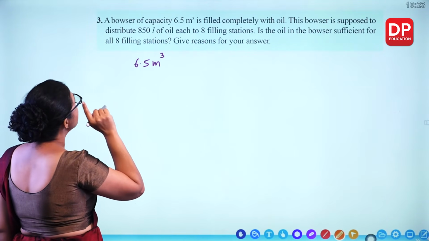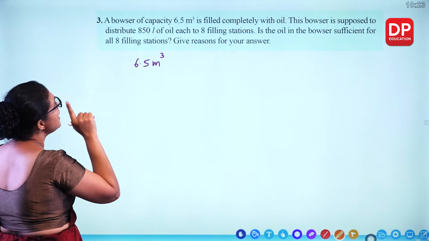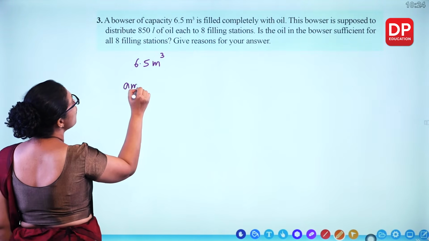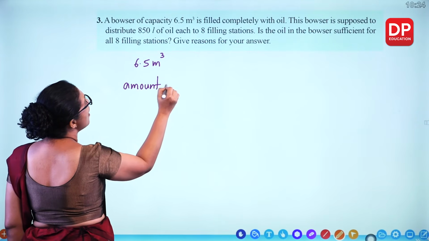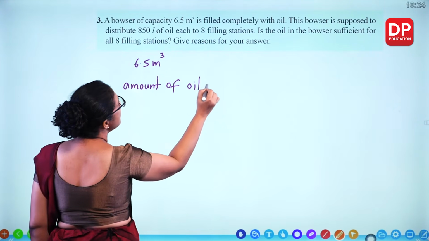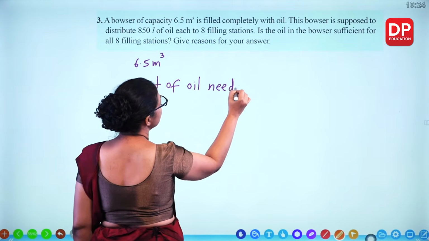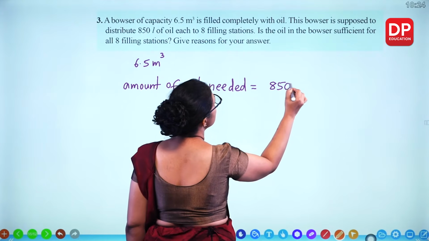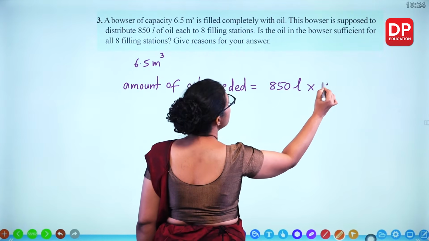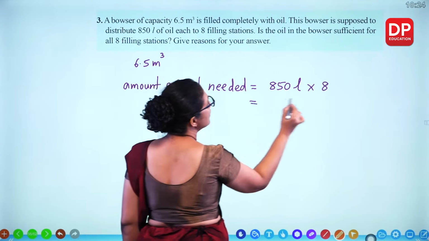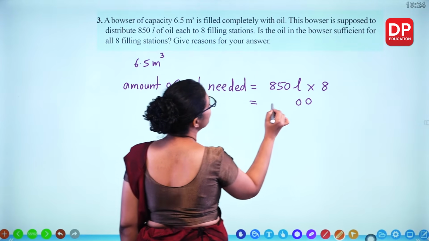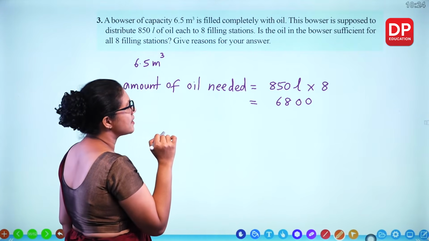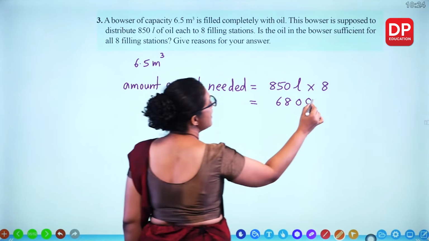Supposed to distribute 850 liters of oil each to 8 filling stations. So amount of oil needed, 850 liters into 8 filling stations, and you get 6,800. So this is liters.